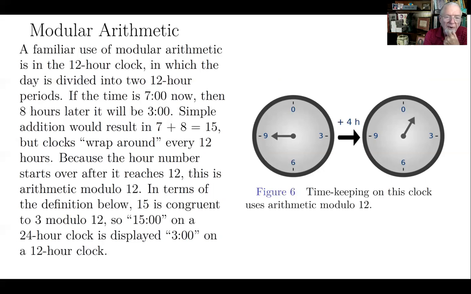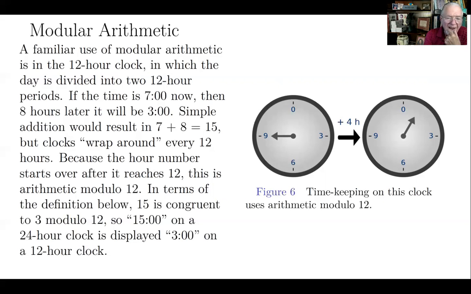So if you have a 12-hour clock, and it's 7 and you add 8 hours to it, it will be 3. Simple addition would say 7 plus 8 equals 15, but the clock wraps around every 12 hours.